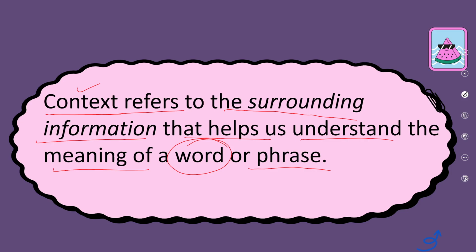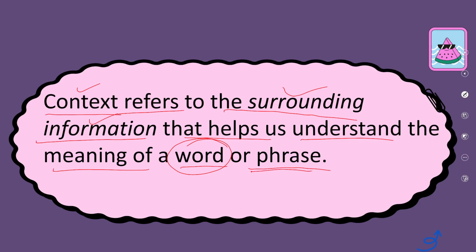In terms of reading, context is the surrounding text and information that covers that particular word which we are explaining or finding the meaning of. It could be a word or a phrase.